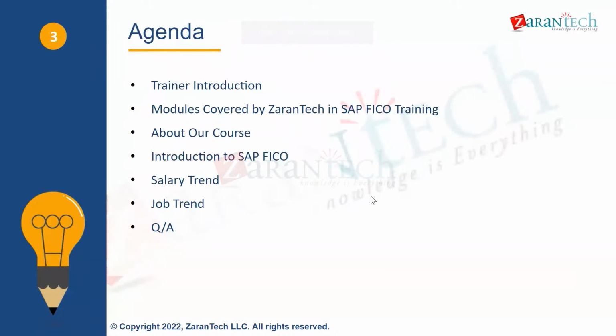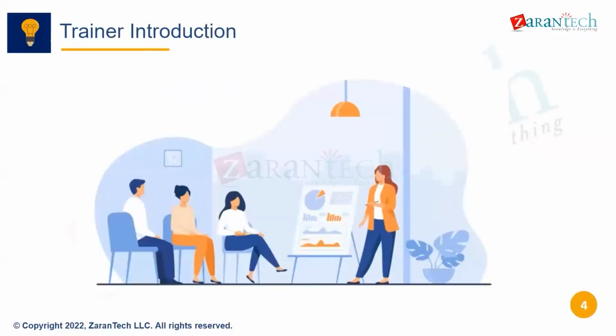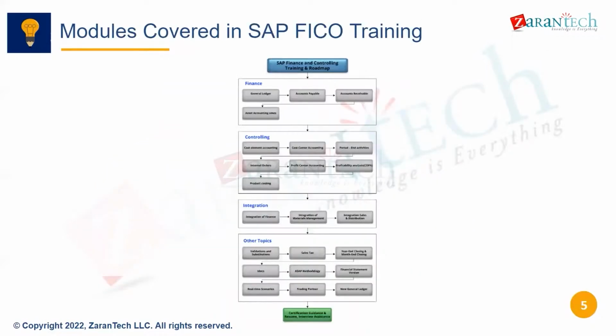So this is the agenda. For the intro session, myself, Pawan N. I have 15 years of experience in SAP FICO, and my overall experience is 18 years. I have worked in multiple implementations, support projects, rollouts, enhancements, upgradations, and testing projects.